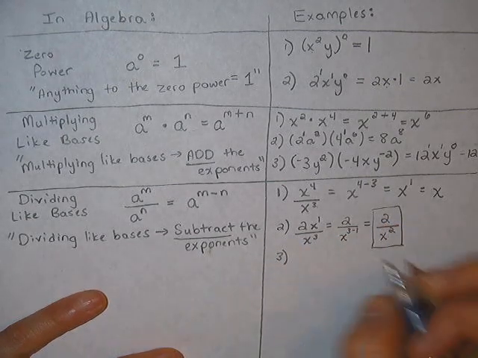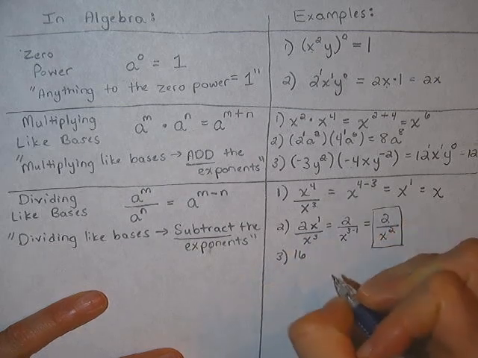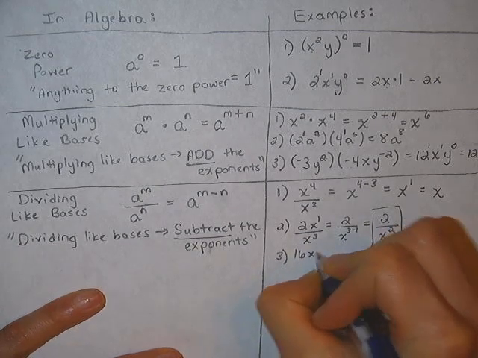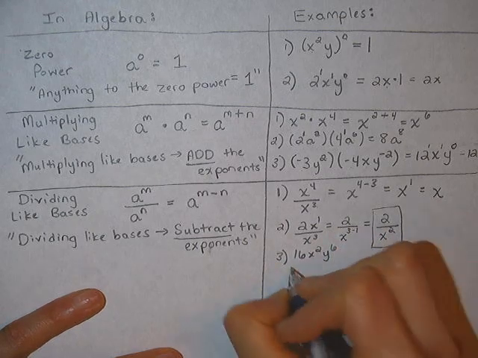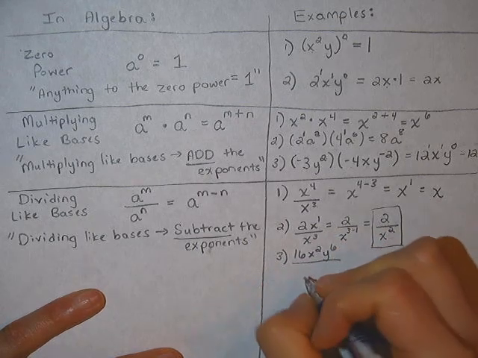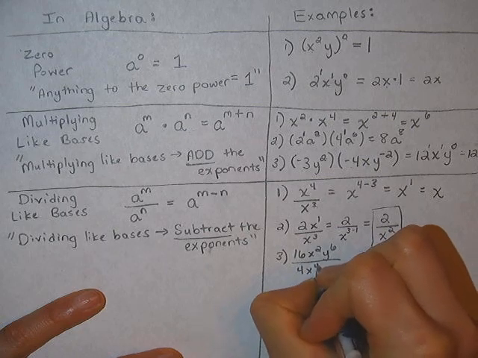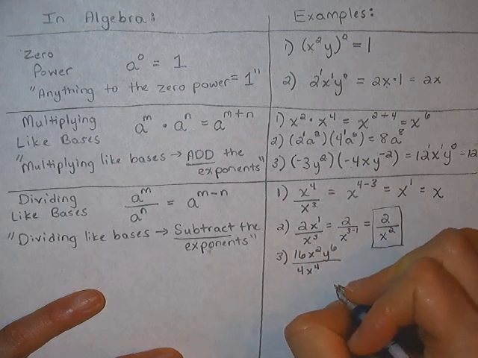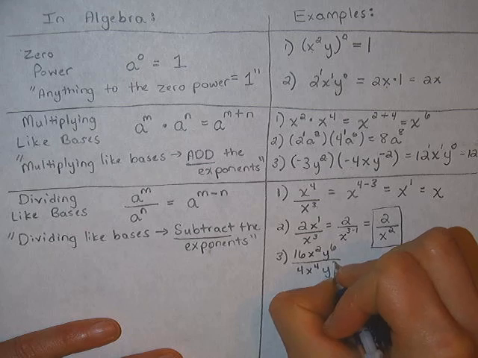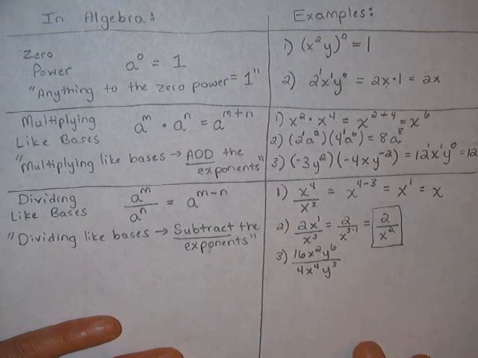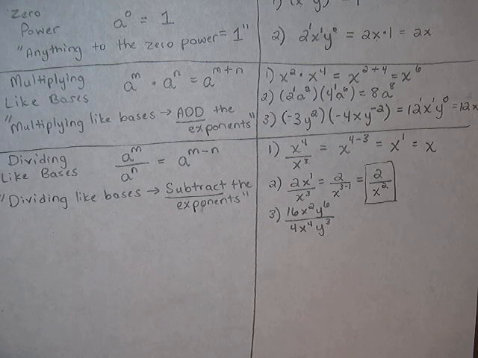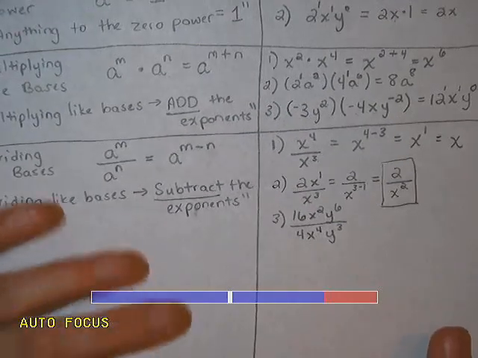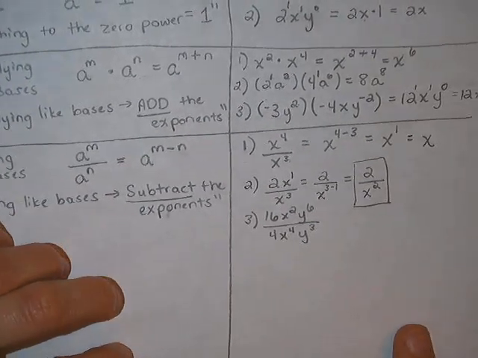So let's say that we have 16 x to the second, y to the sixth, divided by 4 x to the fourth, y to the third. Zoom in just a little bit so you guys can see that a little bit better.